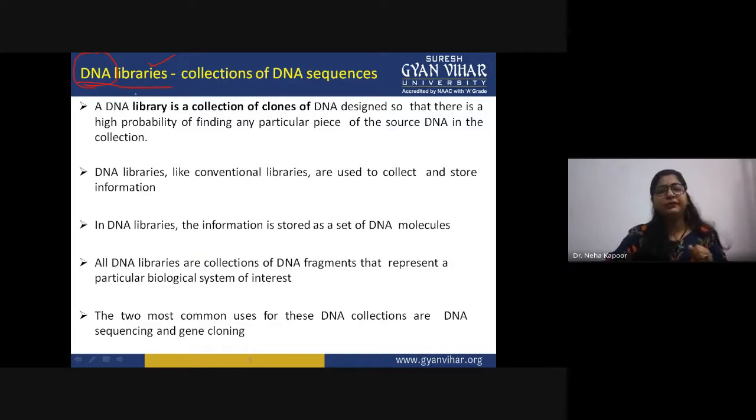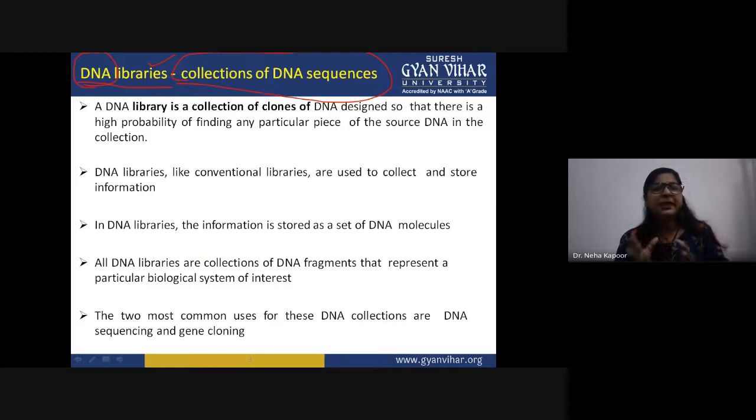In short, we can say a DNA library is a collection of DNA sequences, a collection of clones of DNA that are designed in such a manner that there is a very high probability of detecting a particular DNA fragment from our source DNA or our sample out of that very collection. So we can study that very particular piece of DNA.